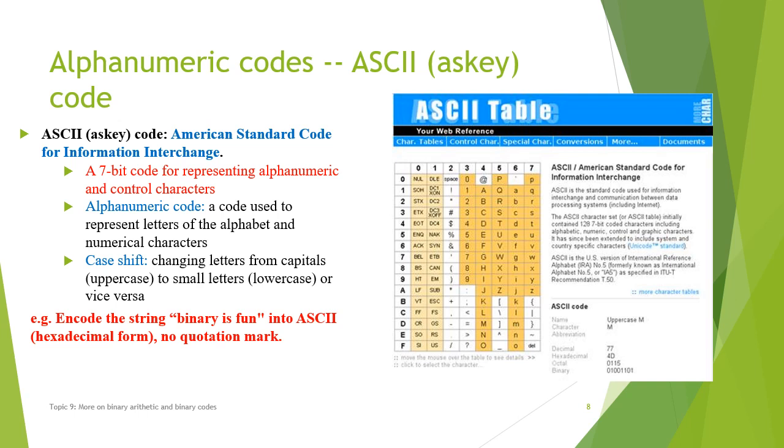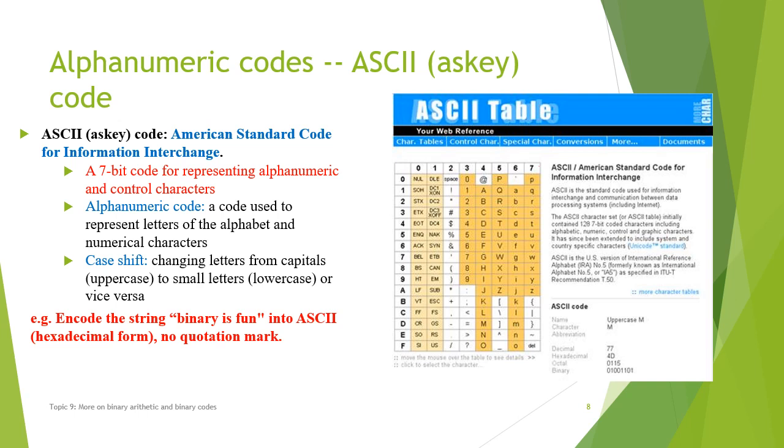So it's pretty simple to use this code. We just need to look at the table here. This table has x-axis 0 to 7, y-axis 0 to F. Basically each letter, number, or special key will be represented using a 7-bit binary number, or 2-digit hexadecimal number.